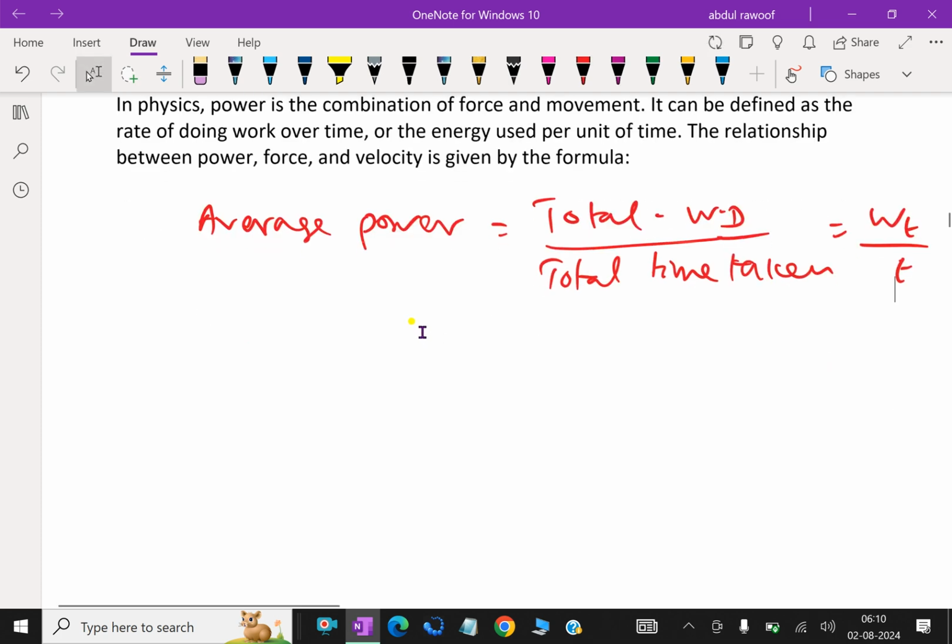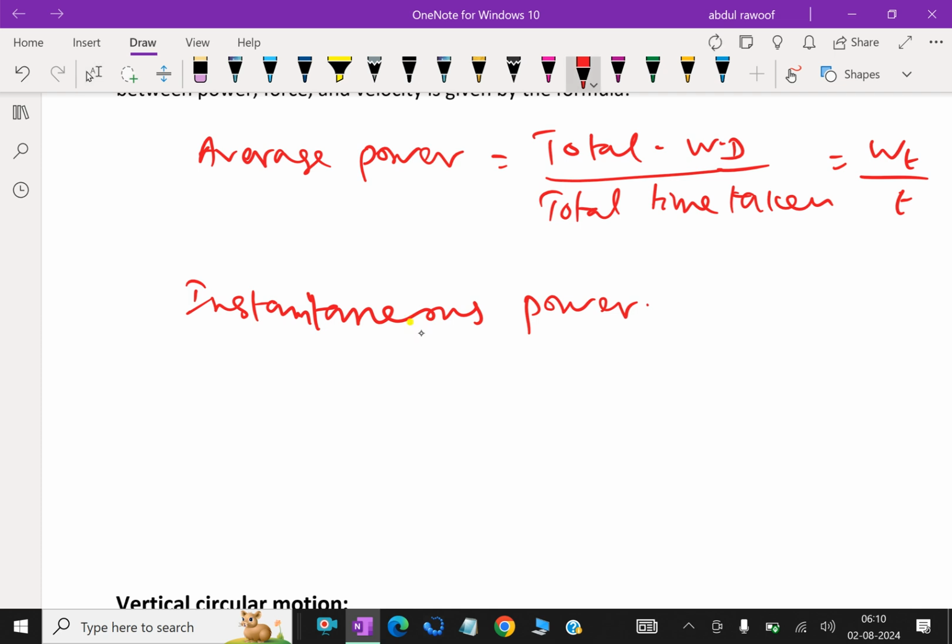Next is instantaneous power, equal to the rate of doing work, that is dW over dt, which is equal to F dot V vector, which is equal to FV cos theta.